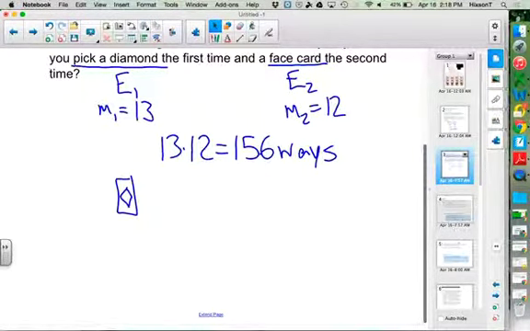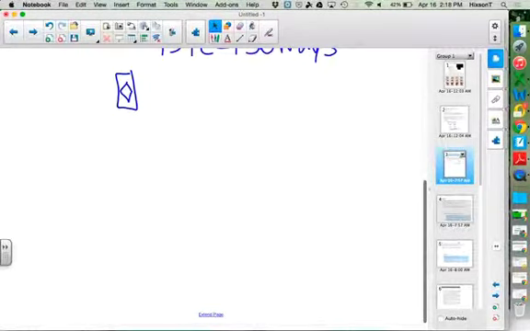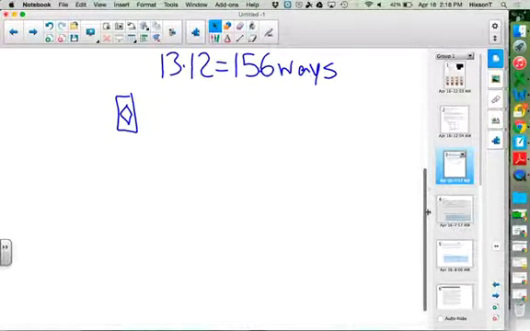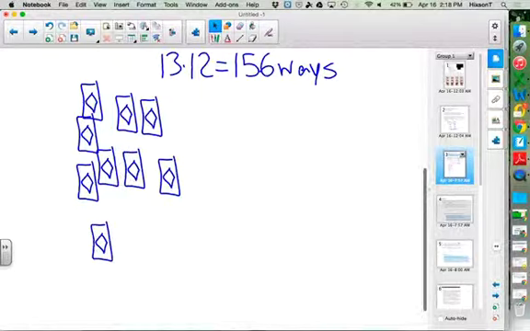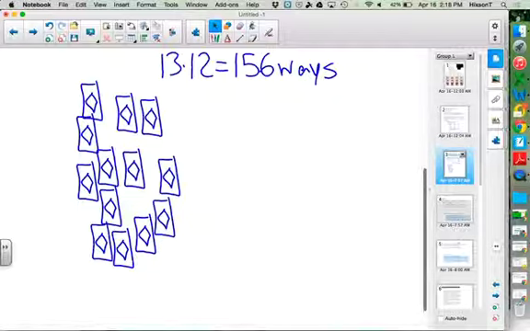Let's see why this works. Here's our diamonds. We said we had 13 of those, so here's our 13 diamonds. And then let's come up with our face cards.